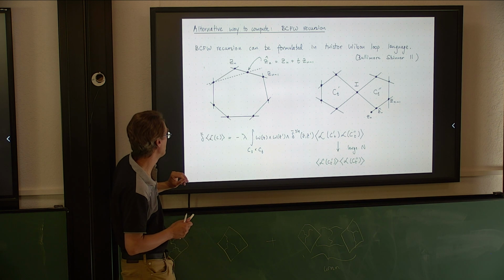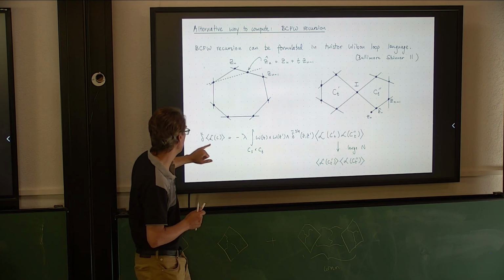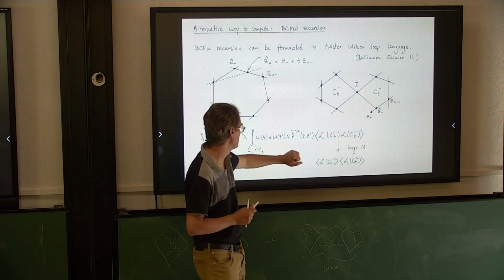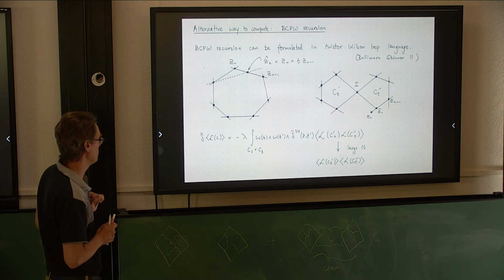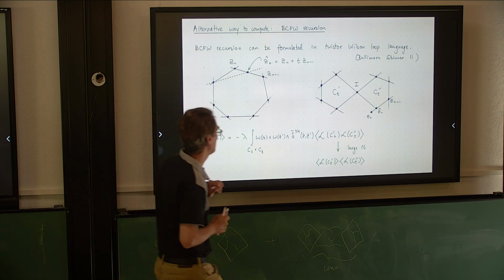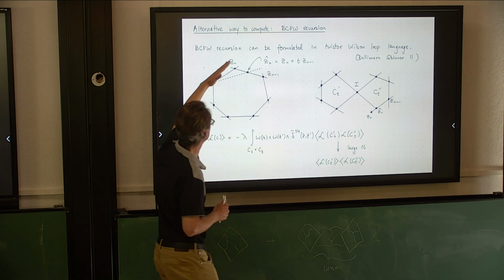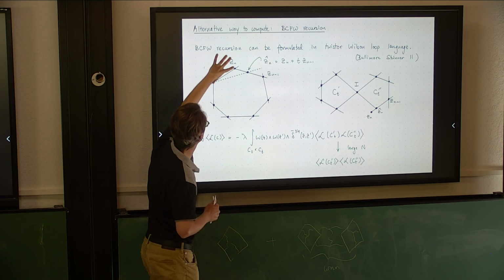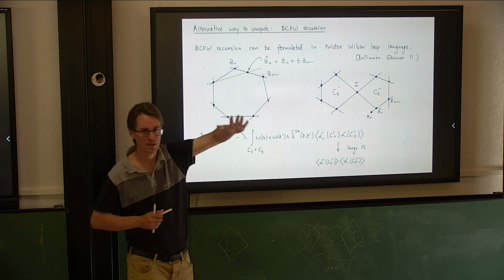Okay. The end result of this is that you can compute this variation of the expectation value of the loop, and it comes out in terms of a correlation function of two loops. And the two loops are given by... so what happens when you slide the line around? So imagine I take this line here, and I'm moving it around to all places where I could draw this dashed line.